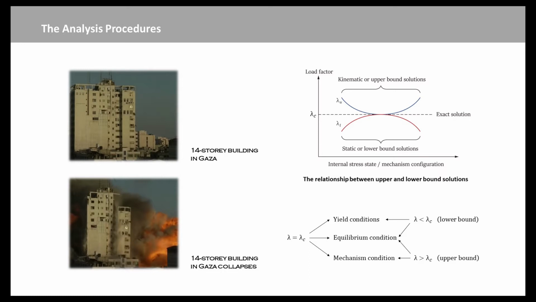The main limitation on the method is that the loading must be proportional, so that the relative magnitudes of the individual loads remain constant, and the absolute magnitude is defined by a load factor lambda. A separate calculation can be carried out for each combination of loads.